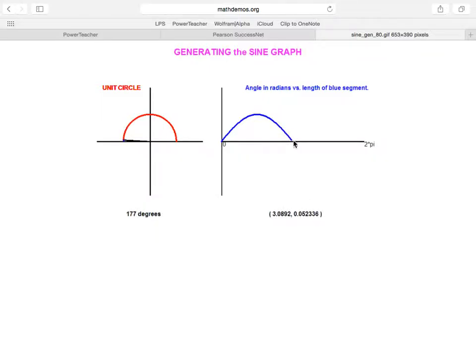And when it gets to pi, which is 180 degrees, it starts getting longer towards downwards. And then when it hits 270 degrees, which is 3 pi over 2, the sine gets shorter and shorter, and it gets to 2 pi.